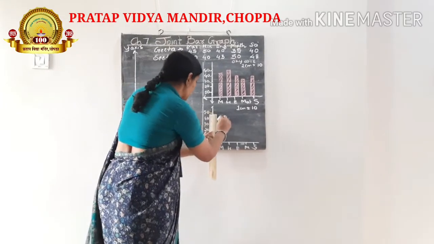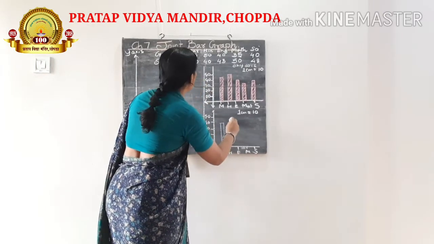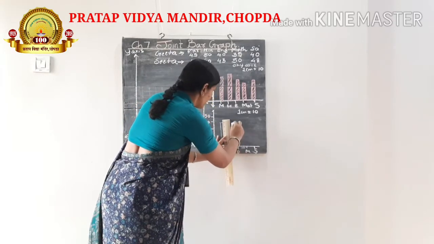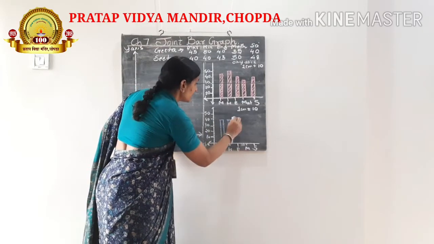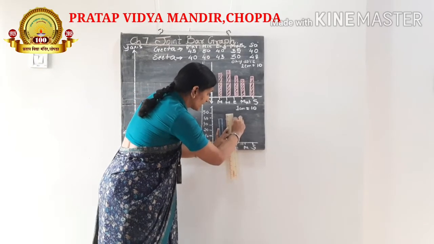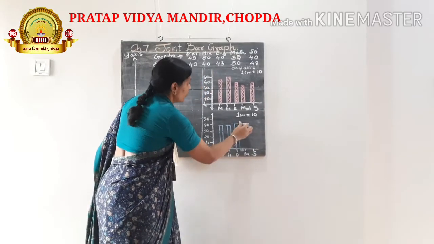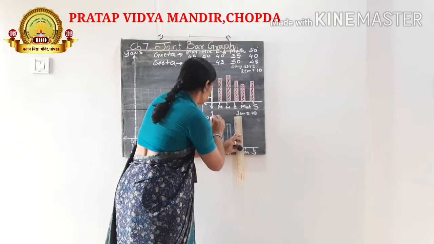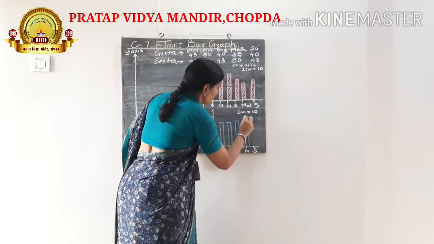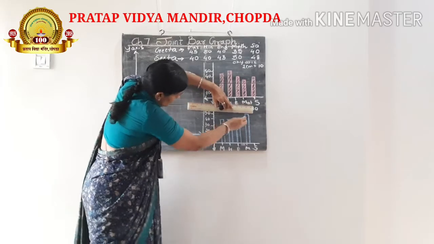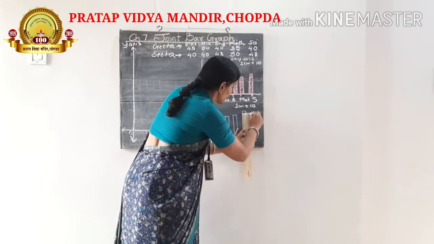She had scored 40 marks in Marathi, again 40 marks in Hindi, 43 marks in English, 50 marks in Maths, and 48 marks in Science.